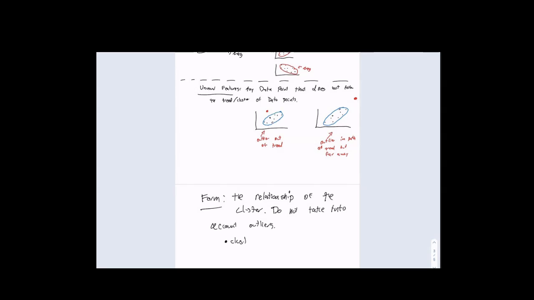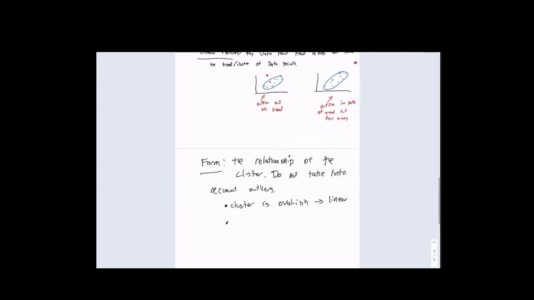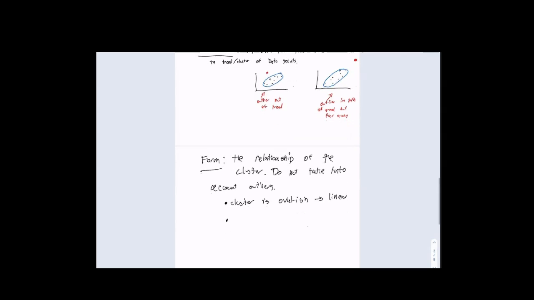If the cluster is ovalish, then we say linear. If it is non-oval, then we would say non-linear.